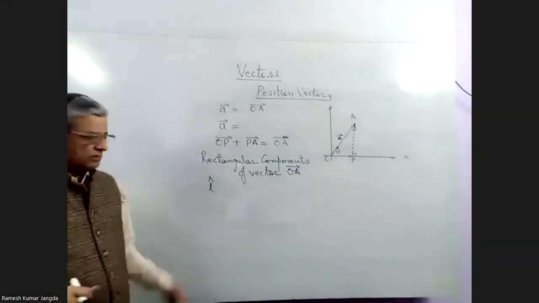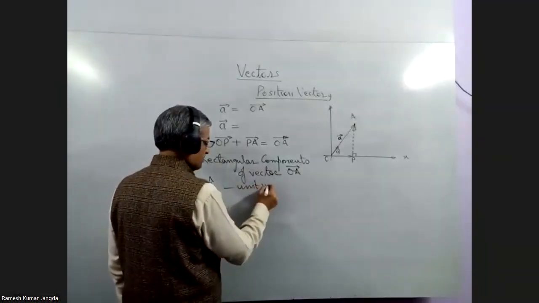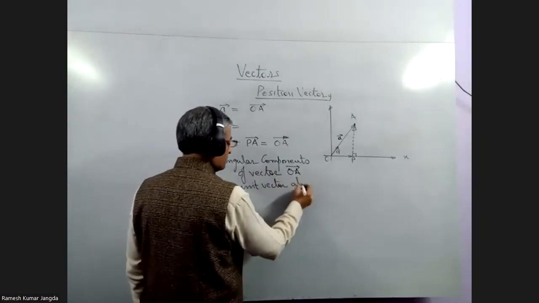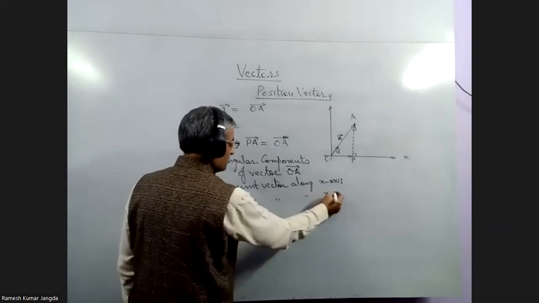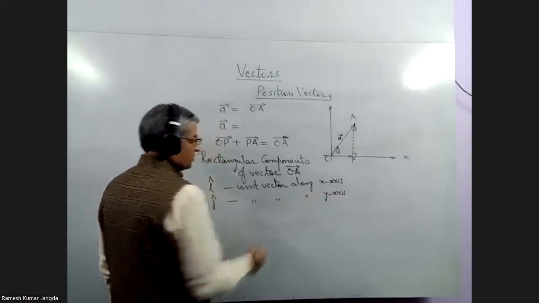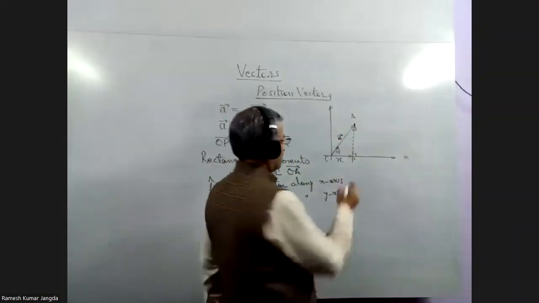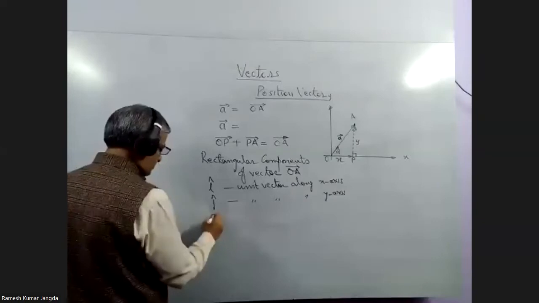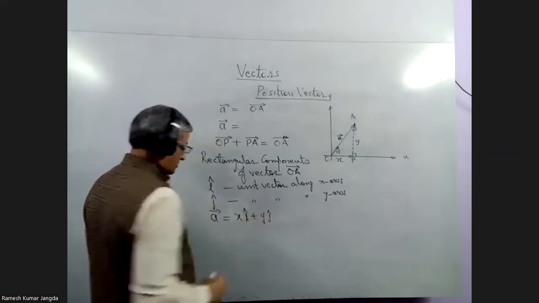Here we use two special vectors: i cap as the unit vector along the x-axis and j cap as the unit vector along the y-axis. If the magnitude of OP is, say, x and the magnitude of PA is y, then I can write this vector A as x times i cap plus y times j cap.